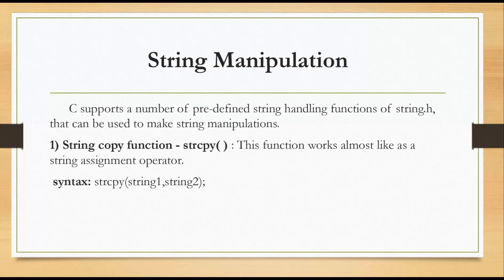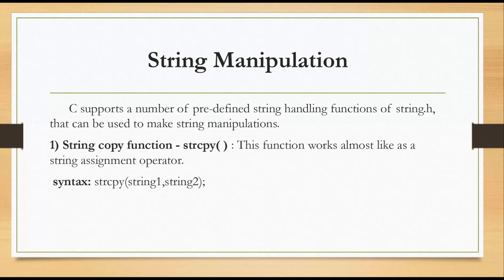String manipulation. We can manipulate strings by using different types of functions which are provided by a separate header file, that is string.h. So by including string.h we can use these functions. C supports a number of predefined string handling functions which are used for manipulation of strings. The first one is the string copy function.